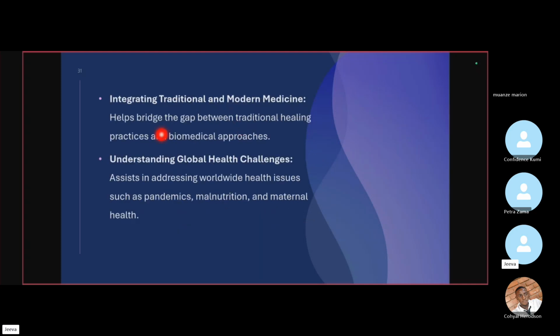Then you can bridge them in the treatment, traditional and modern treatment together. You can teach them what pandemics can occur, how to prevent the same, how to overcome malnutrition, and what the maternal health requirements are. All this can be taught to your patients. So this is how medical anthropology is important in the day-to-day nursing field.